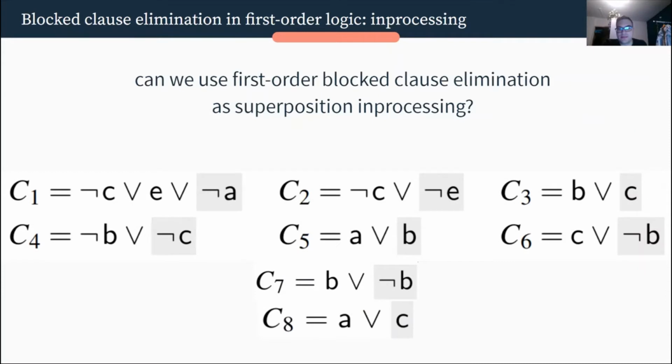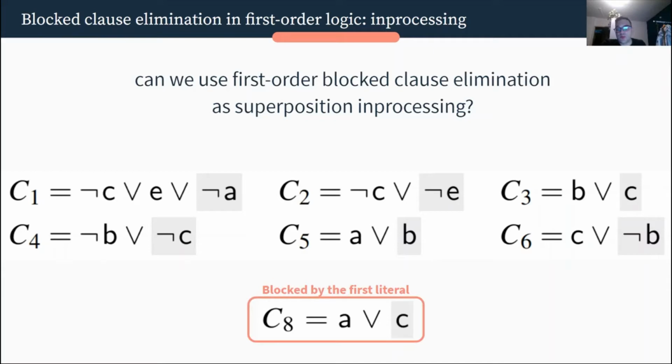You can trust me that there are only those two clauses that are a result of such resolutions, and the first one is clearly a tautology and it can be removed, but the second one is blocked on literal A, and if it were removed, superposition wouldn't have a way to derive an empty clause, even though the original set was unsatisfiable.